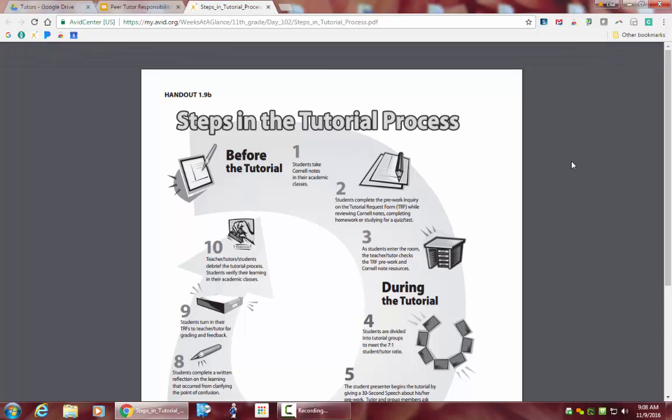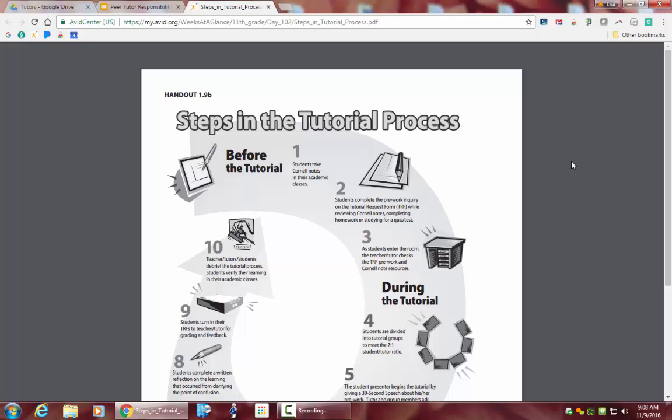So remember, before the tutorial, students, you will be working on your Cornell notes in your content area classes. And from those Cornell notes, the plan is to look at those points of confusion, those areas that you just do not feel like you truly understand, in completing the TRF. So the pre-work is to be done prior to walking into the AVID elective class the next day.